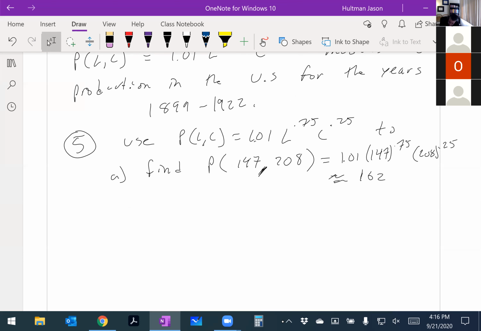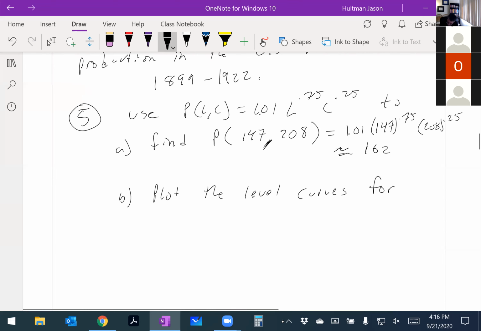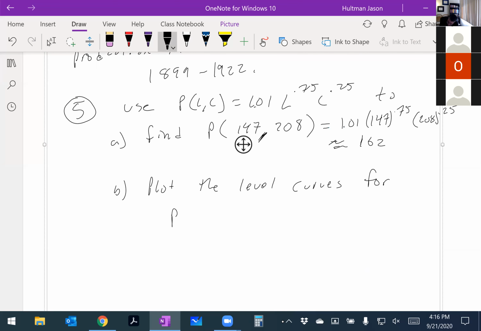Let's plot the level curves here. Plot the level curves for P(L, C) equal to 1.01 L to the 0.75, that's labor, C to the 0.25.